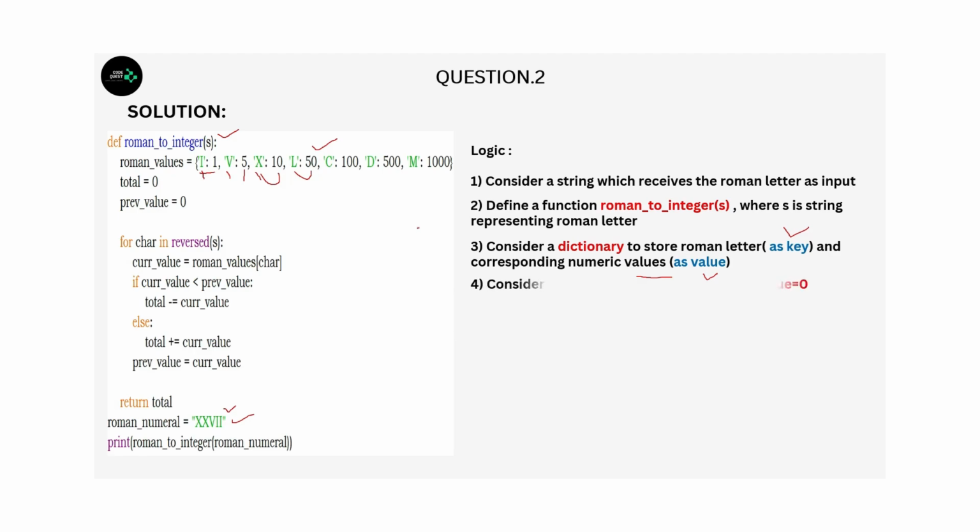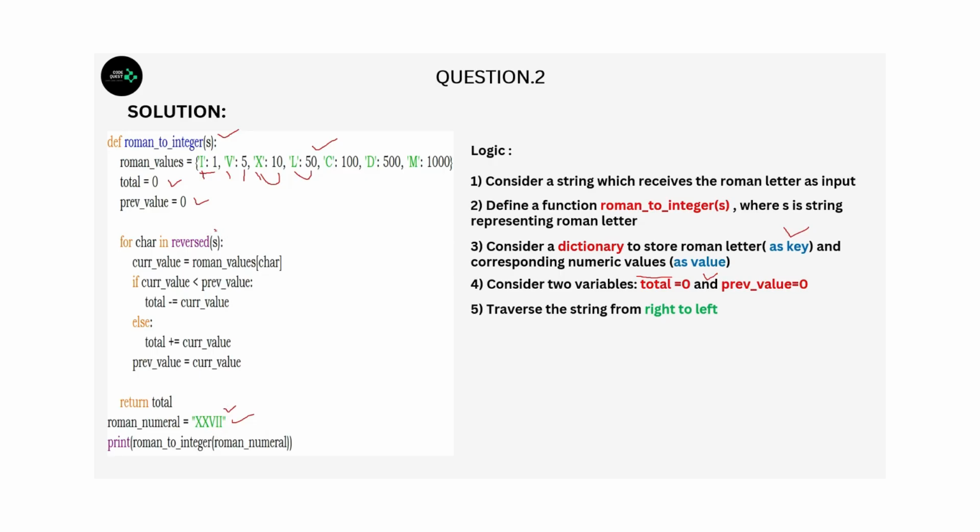Now we have considered two variables, total and previous value, which are set to 0 initially. And then we are going to traverse this S, the string of Roman numerals.